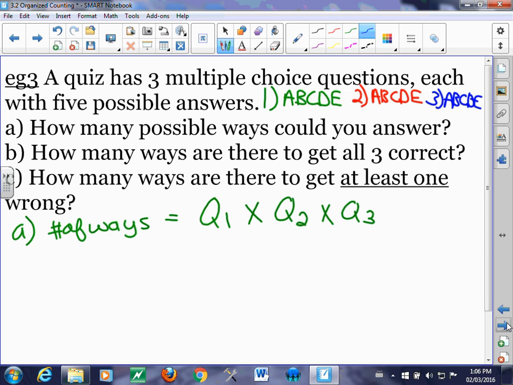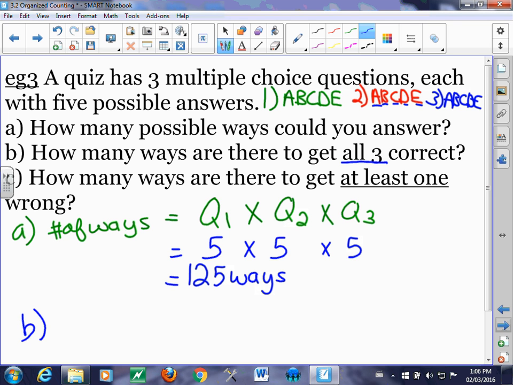Well, for each question, folks, you could answer 5 possible ways, so 5 times 5 times 5, because each has an A, B, C, D, or E. So you could pick one of 5 different ways to answer each question. We multiply those together, and we know that it's 125 different ways that you could answer this multiple choice quiz. So that wasn't so bad. The second one: how many ways are there to get all three correct?